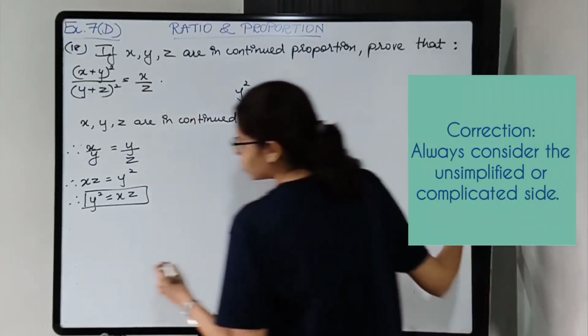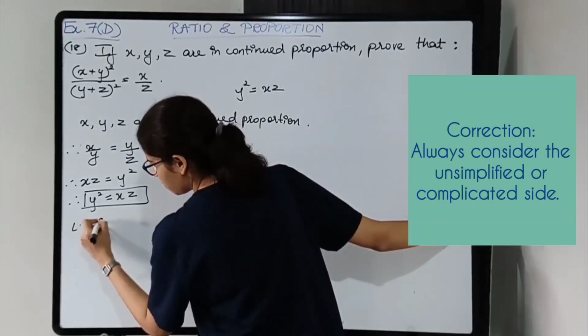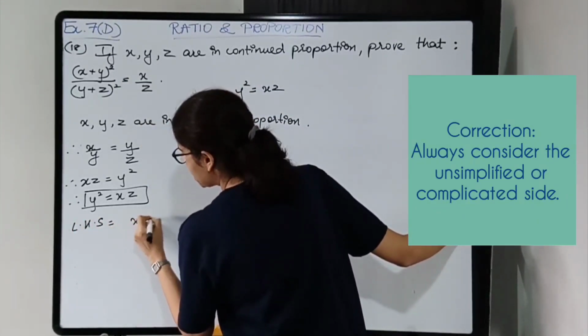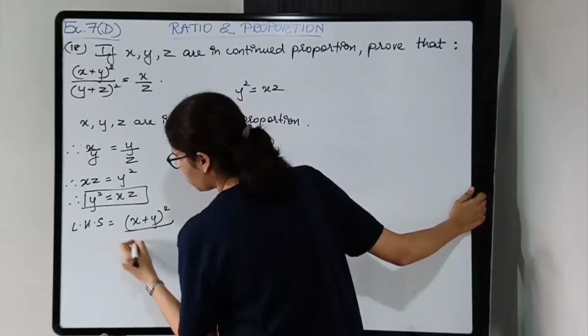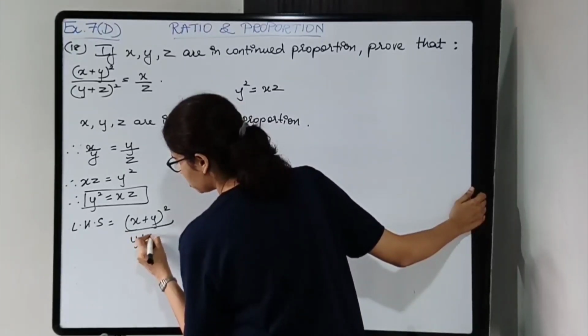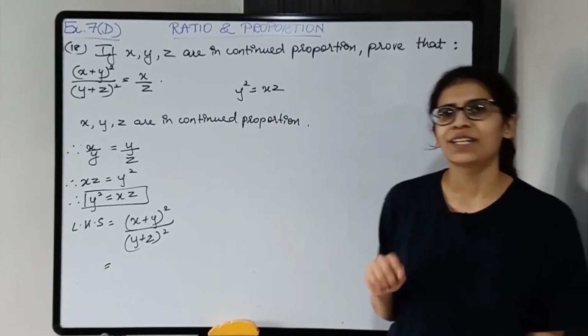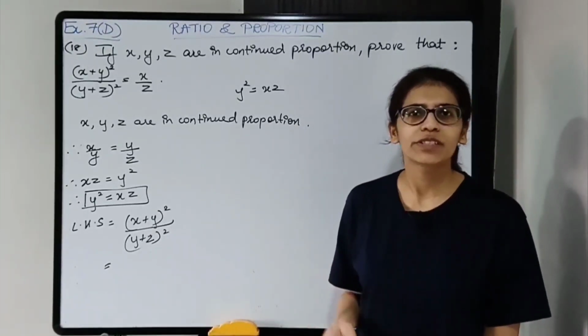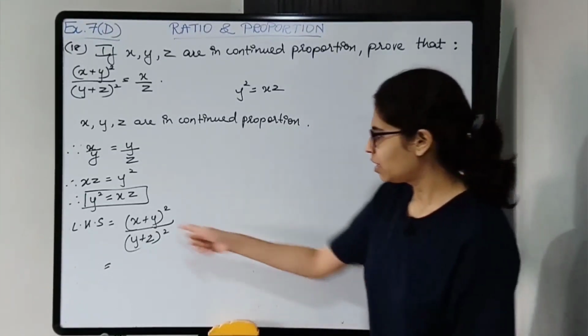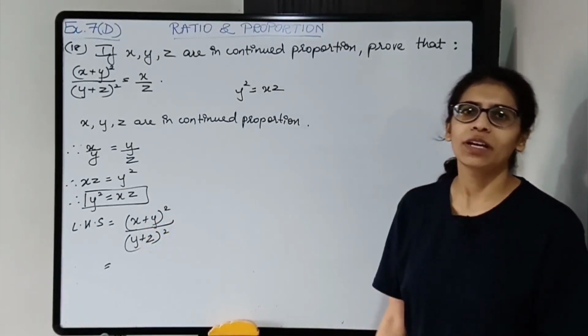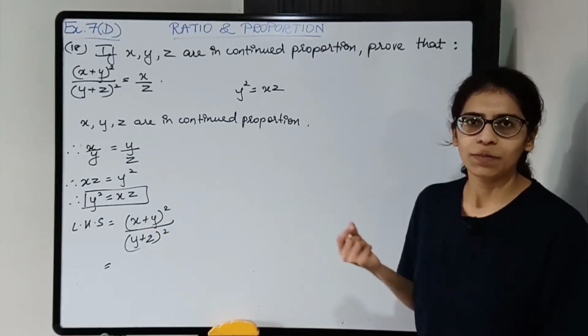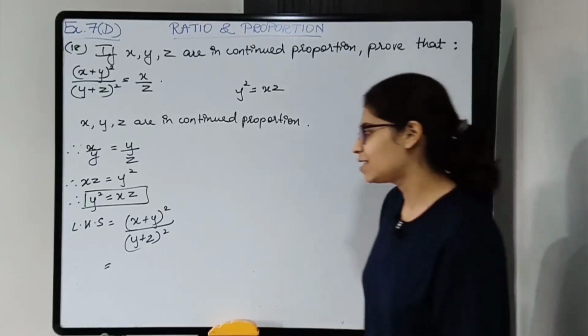So starting with LHS, x plus y the whole square upon y plus z the whole square. You have whole square, so which identity? The identity of a plus b the whole square. Okay, there are plus signs. So a plus b the whole square is a square plus 2ab plus b square. You are supposed to know the identities.